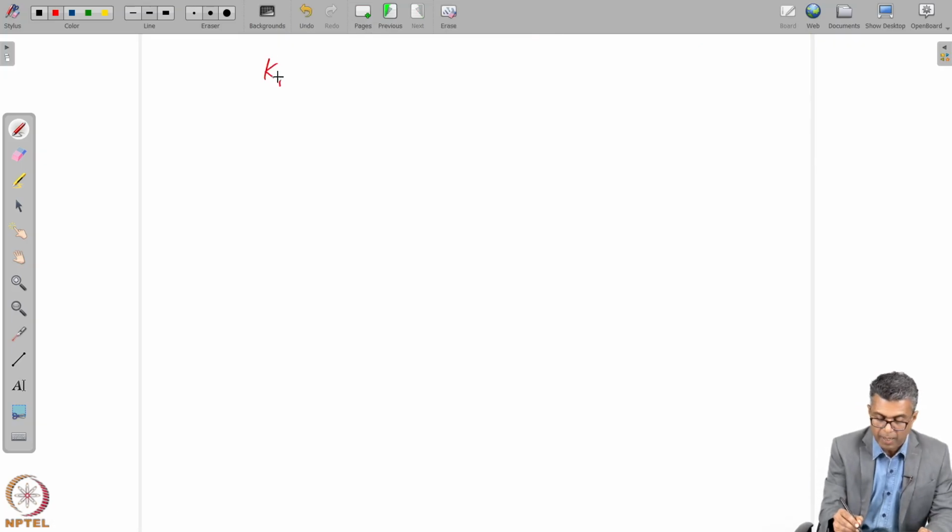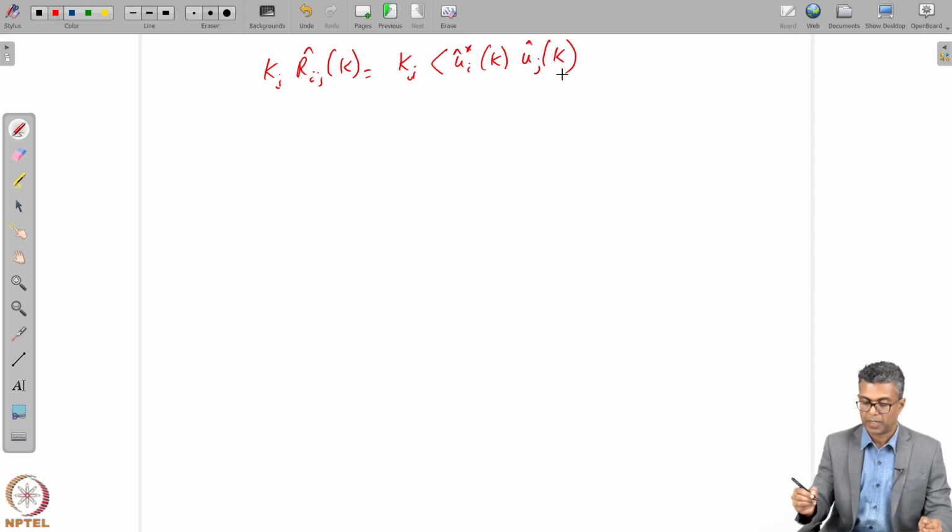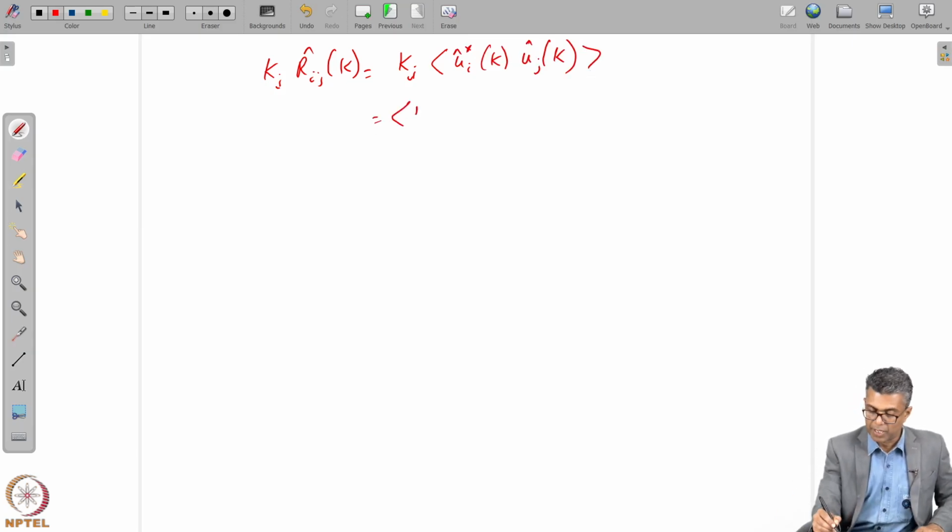So if I take kappa j rij hat of kappa, if I take that, then what I'll have is kappa j, and I'll do the same thing. Within the angle bracket, I'll have ui hat star of kappa times uj hat of kappa, like this, close angle bracket, and then I'll take the kappa j inside, so kappa j ui hat star of kappa, and then uj hat of kappa.